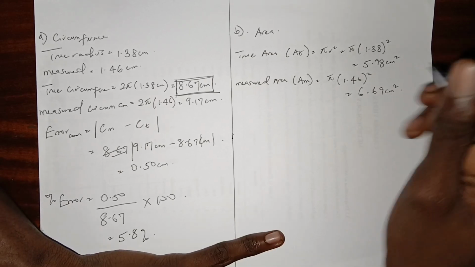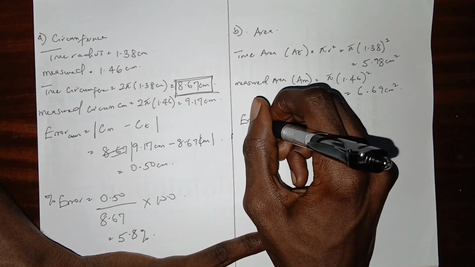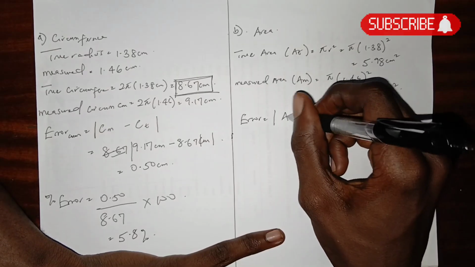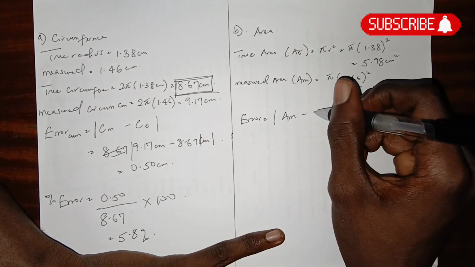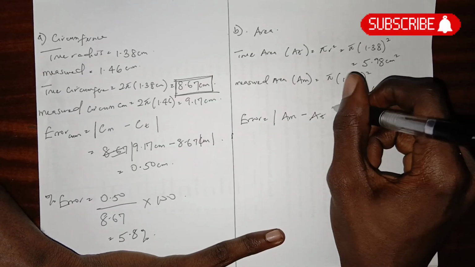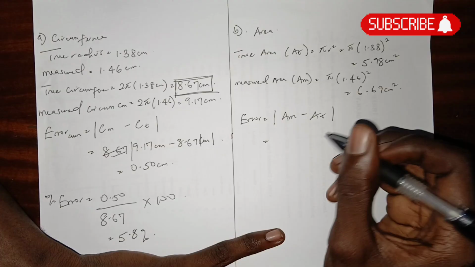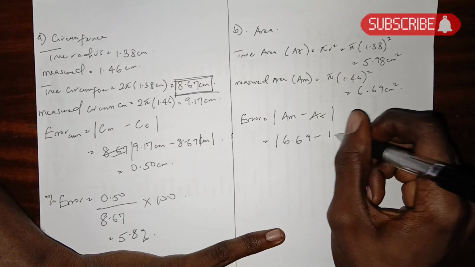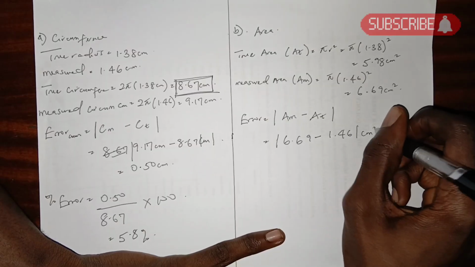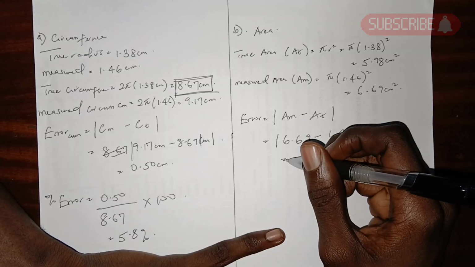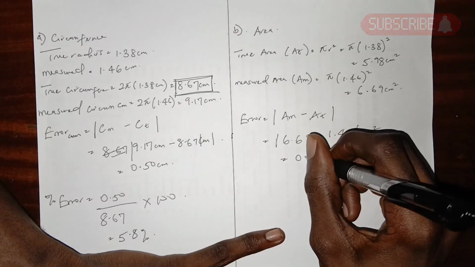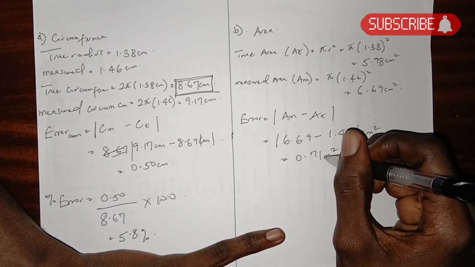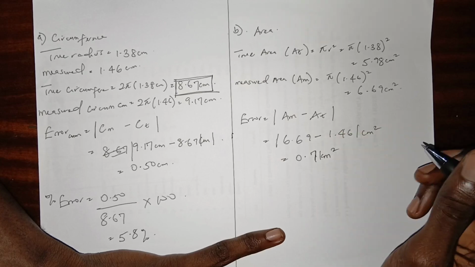So now to get our error, the absolute of the measured area minus the true area. When you do this, you have 6.69 minus 5.98. When you subtract this, we have 0.71 centimeter square.